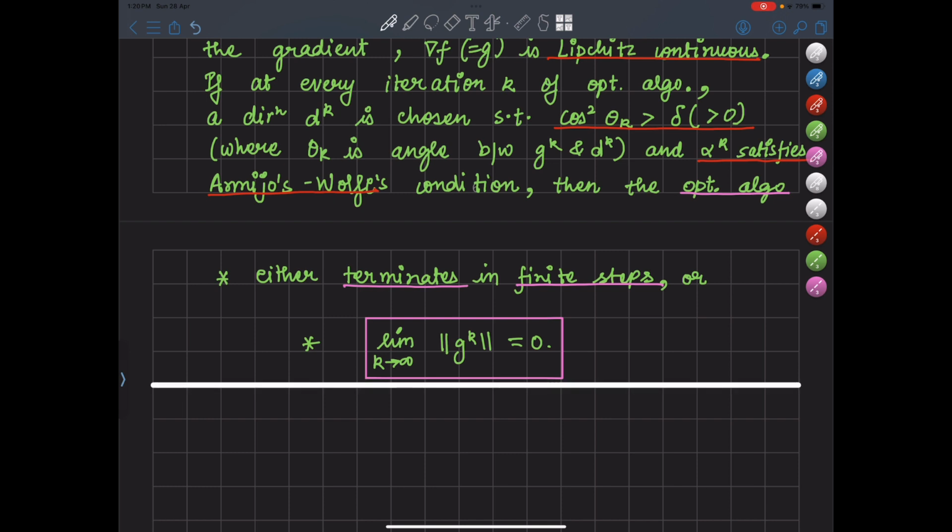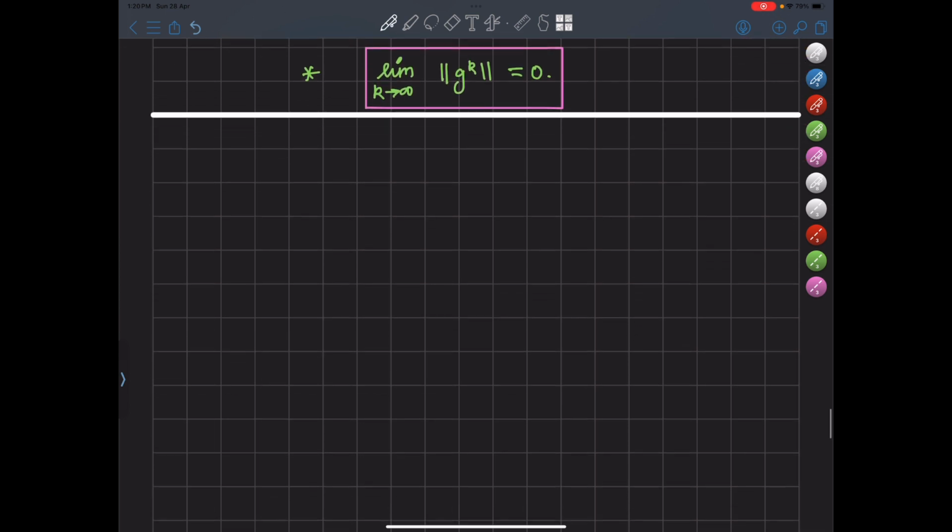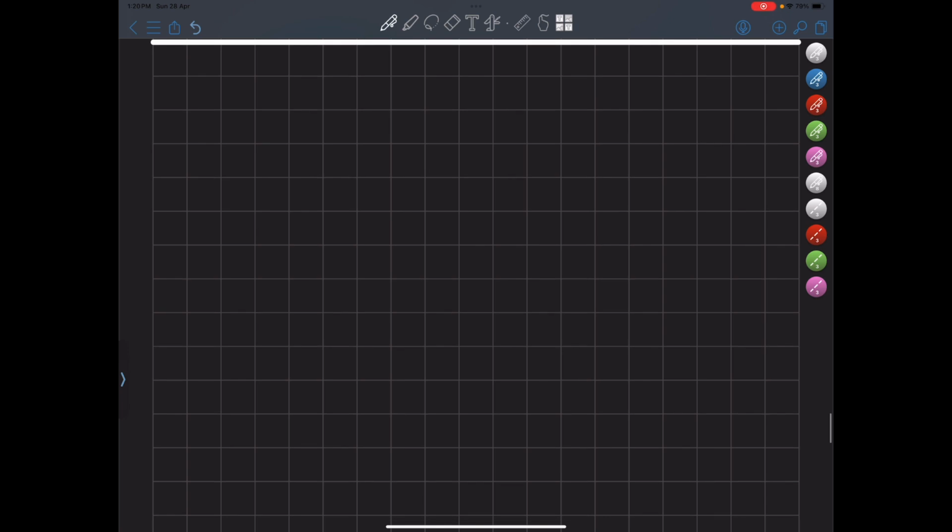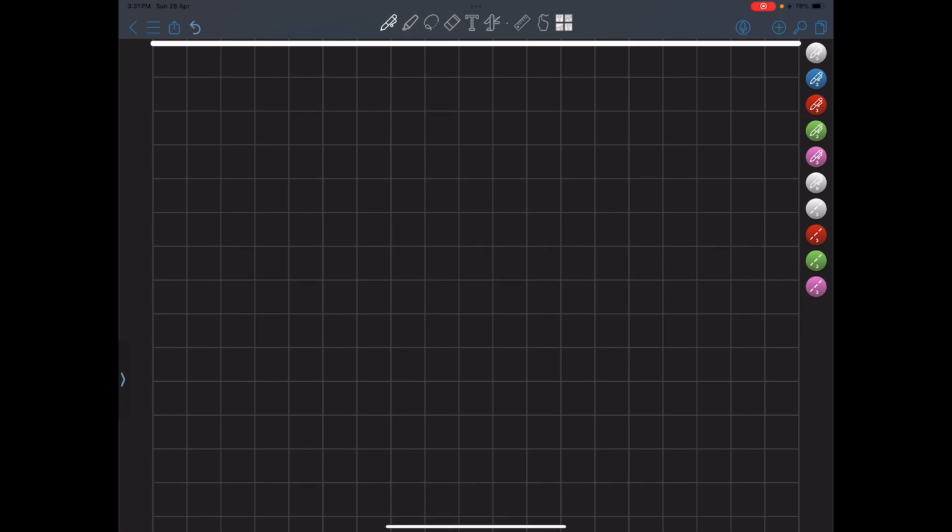So with that, we'll now move to other topics. We'll start with sufficient decrease and backtracking. So now let's look at the backtracking algorithm. What is the backtracking algorithm? We already know that we choose step length according to the Armijo and Wolfe, or Armijo and Goldstein conditions.